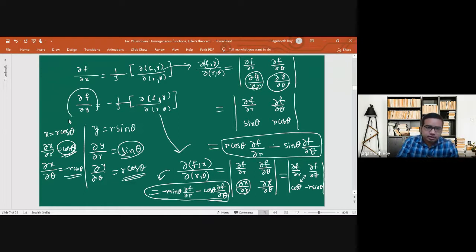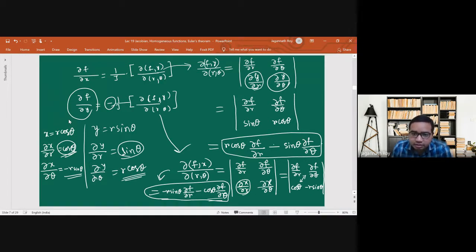But this part is actually negative of this one. Okay, so this one is actually positive. It will be positive, since negative is already there. Okay, now I get it.